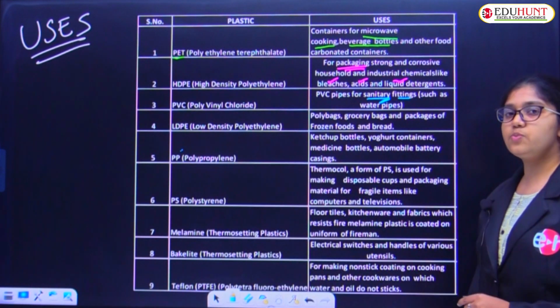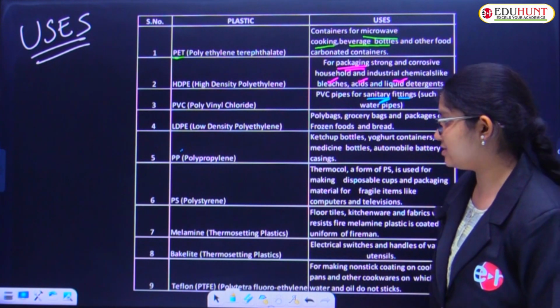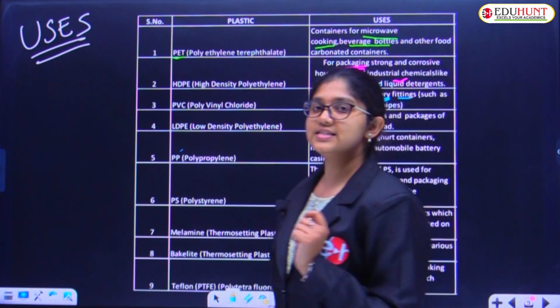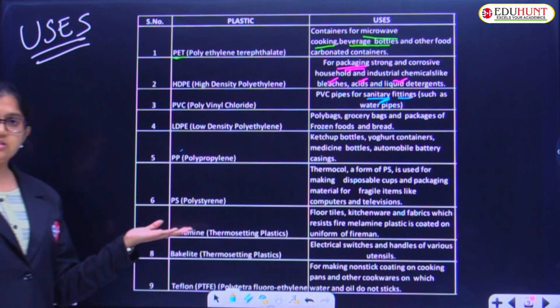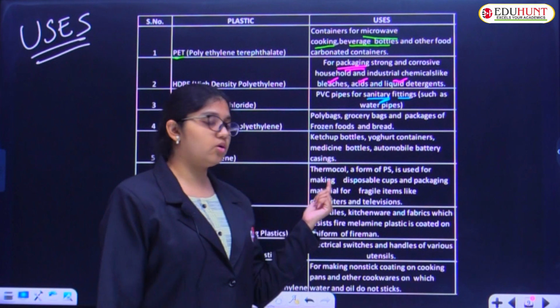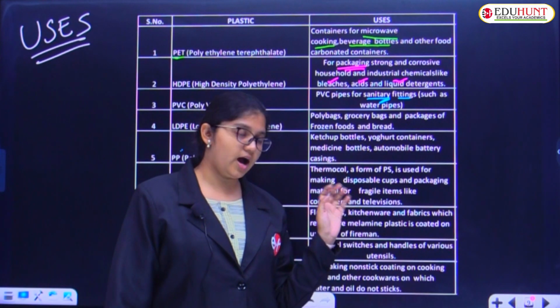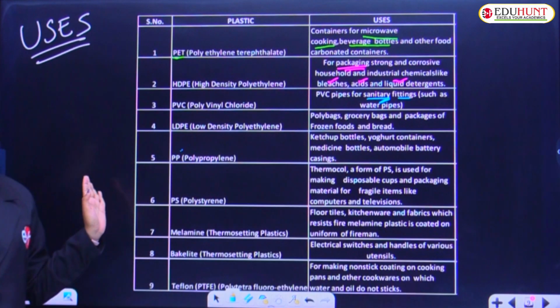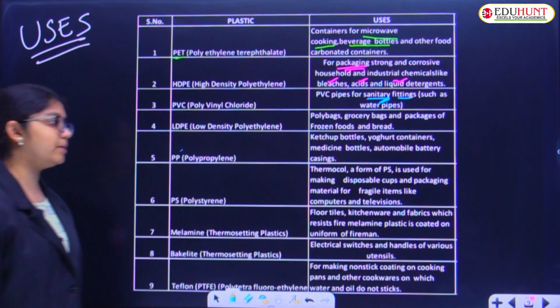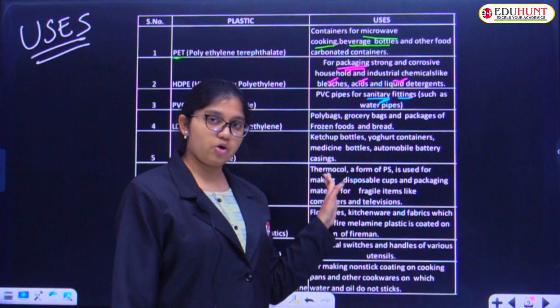Now, the sixth type is all about PS. What is PS? Polystyrene. Where is it used? Thermocol. You know thermocol? And also use and throw plates, cups. That is all about polystyrene. We solved this in previous bits, polystyrene. Very good, you remembered. It is used in thermocol.